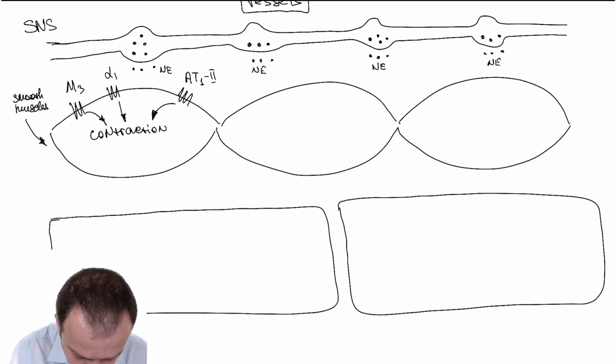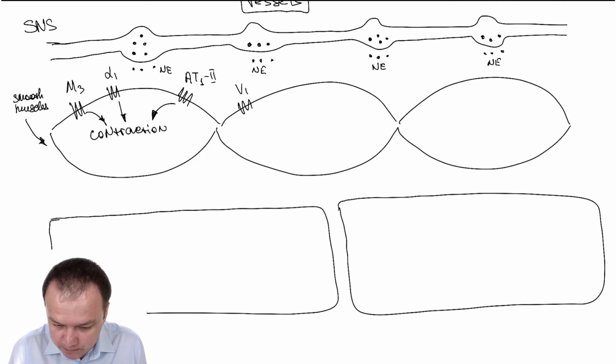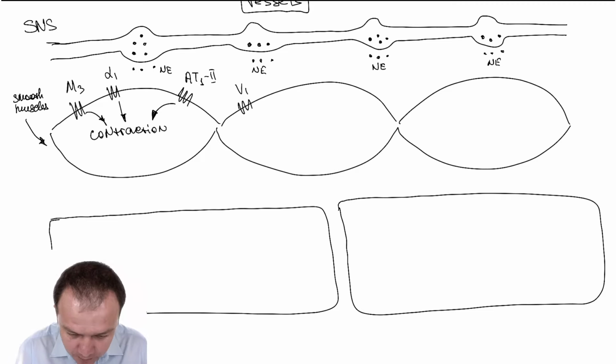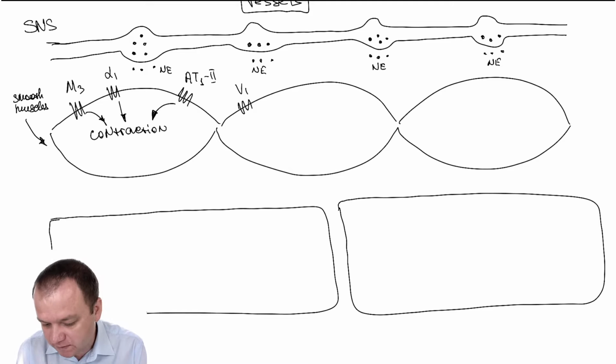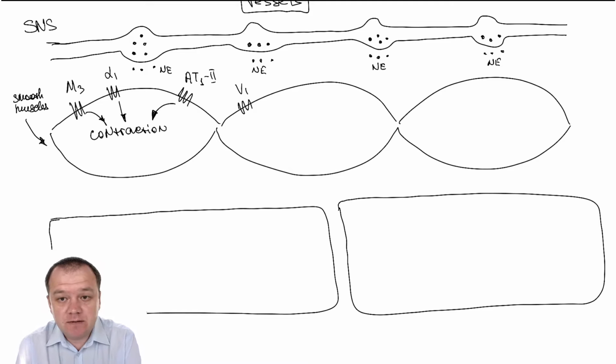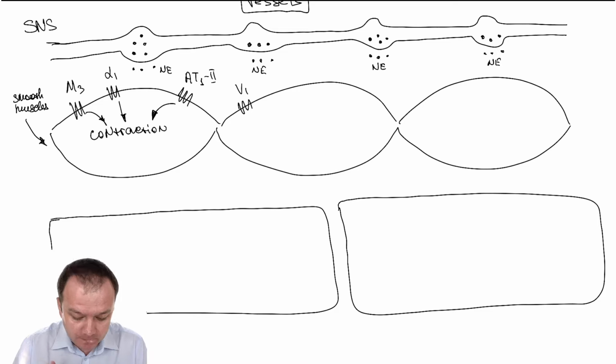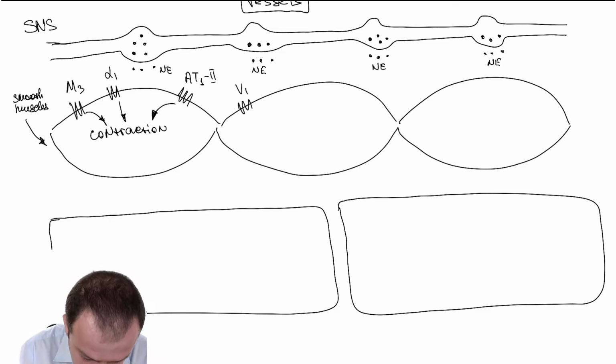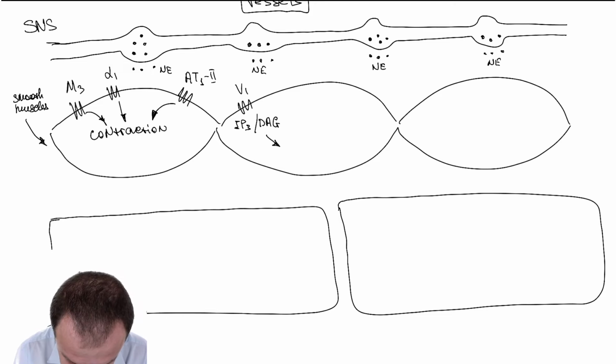Vasopressin, and we have V1 receptors. V1 receptors, type 1 receptors to vasopressin. They also link it with IP3 and diacylglycerol cascade, and also cause contraction. Stimulation of these receptors causes contraction.